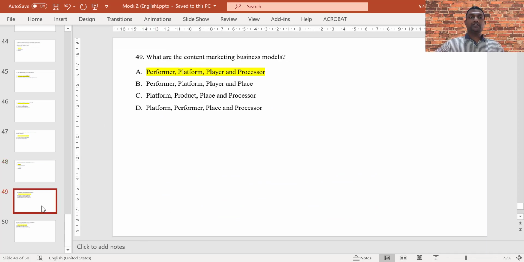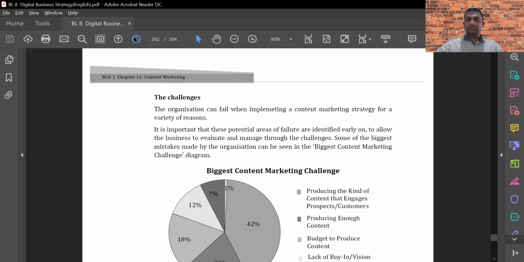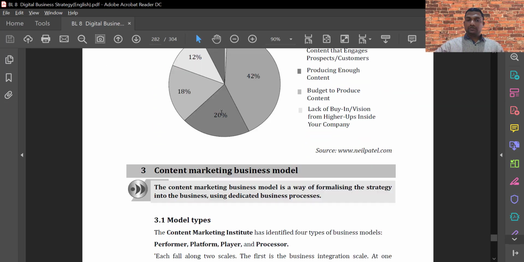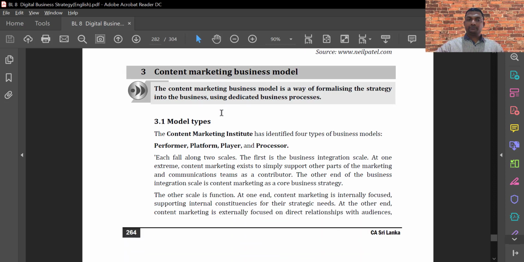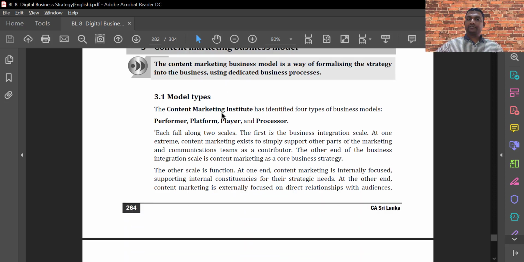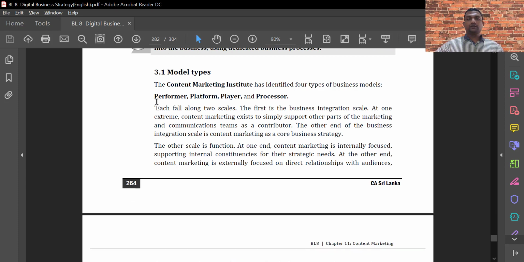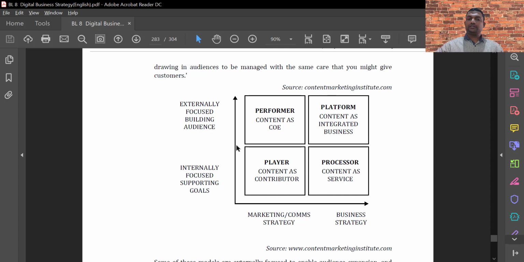Question number 49. What are the content marketing business models? So for that one, we'll see the content marketing business model. There are 4 types of models: performer, platform, player, and processor. You can see in this diagram they have allocated these 4 types: performer, platform, player, and processor.